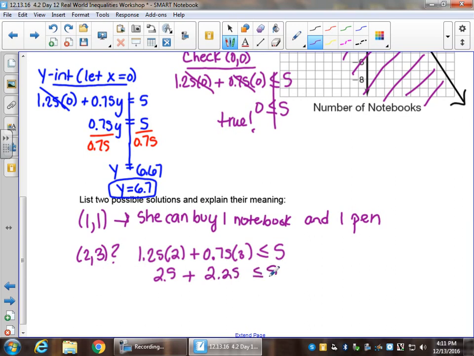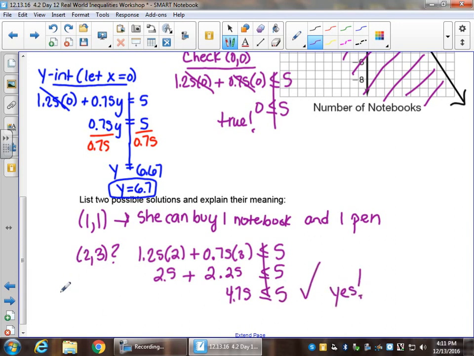Again, trying to see if it's less than or equal to 5. $2.5 plus 2.25 is 4.75. Ask yourself, is 4.75 less than 5? Yes, it is.